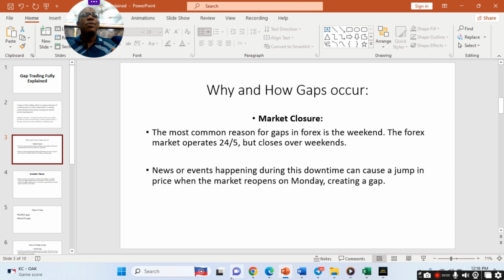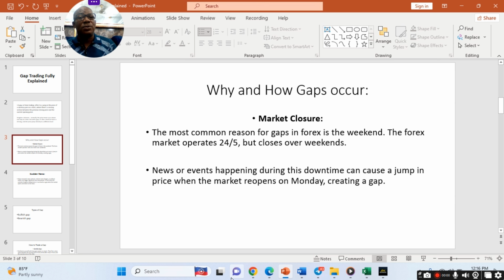Now, why and how do gaps occur? The market runs five days, from Sunday around 11 or 12 to Friday 10 or 11 p.m., depending on the region. Saturday and Sunday, the market is closed. However, economic and political activities take place over that weekend, and these things are what move the market.